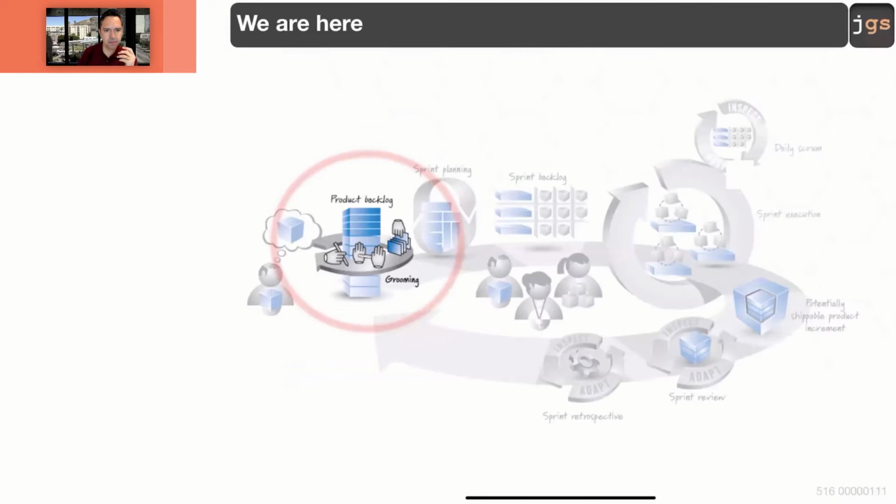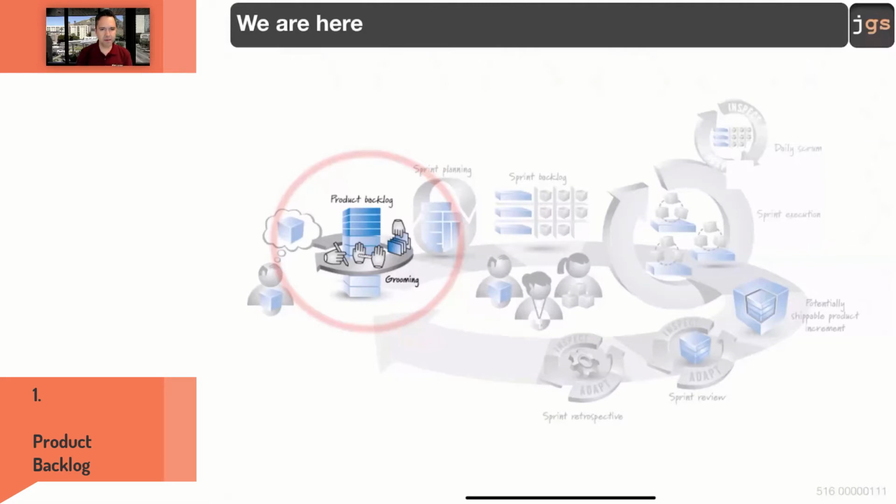You need to store them in some place. That place is the product backlog. This picture of this stack of things is the starting point of your project, the tasks that you need to accomplish.